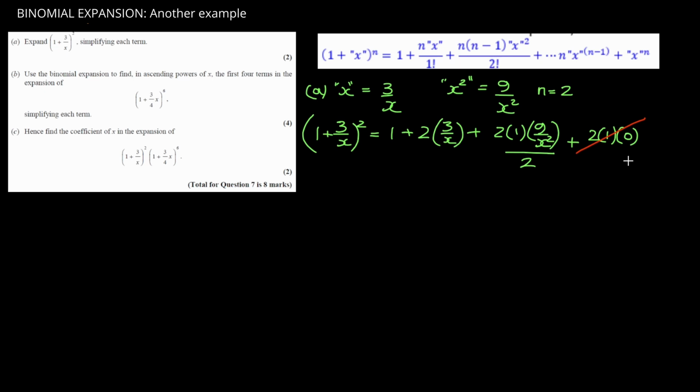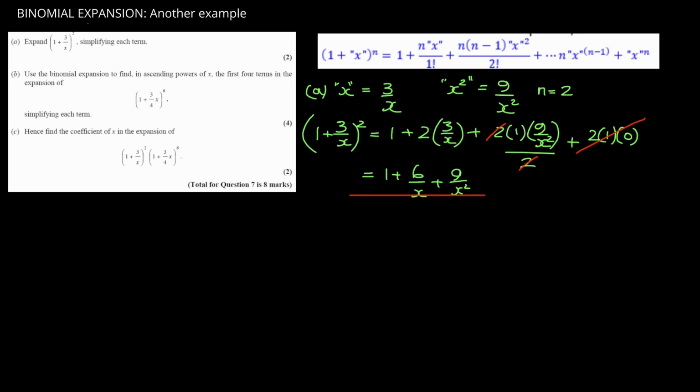The series has terminated. Right, it's now a matter of simplification. This 2 will cancel with this 2. So I get 1 plus 2 times 3 over x is 6 over x, plus, well, what we're left with is simply 9 over x squared. And that will be your answer to part A.